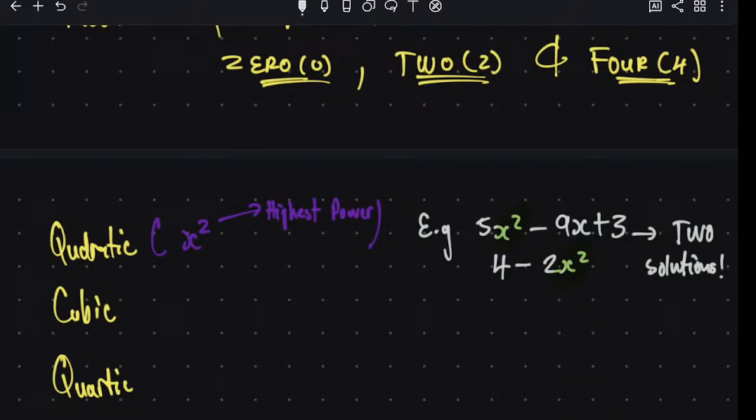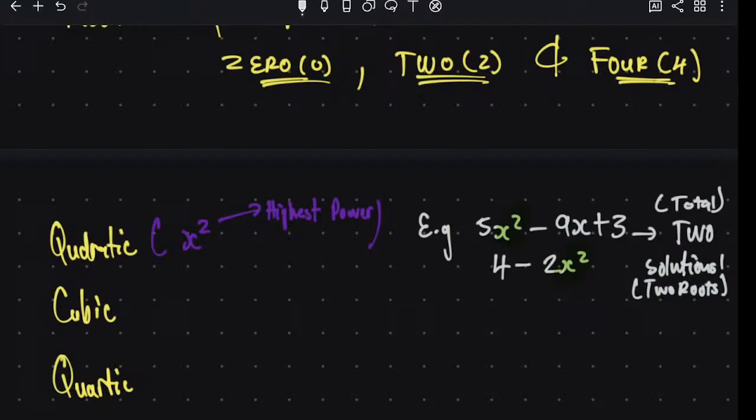So if I am solving a quadratic equation, I know that in total, it can give me 2 solutions or 2 roots. Quadratic should always give you 2 solutions or 2 roots.